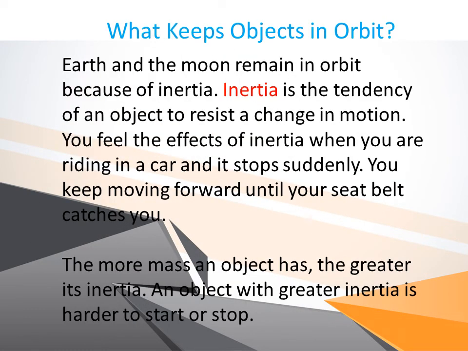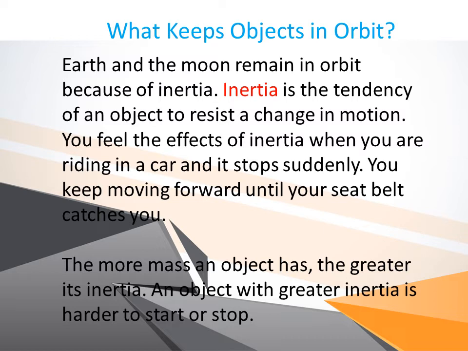Now, what keeps objects in orbit? You know orbit. What is orbit? So Earth and the Moon remain in orbit because of inertia. I think we already discussed inertia, a type of laziness. Inertia is the tendency of an object to resist a change in motion.